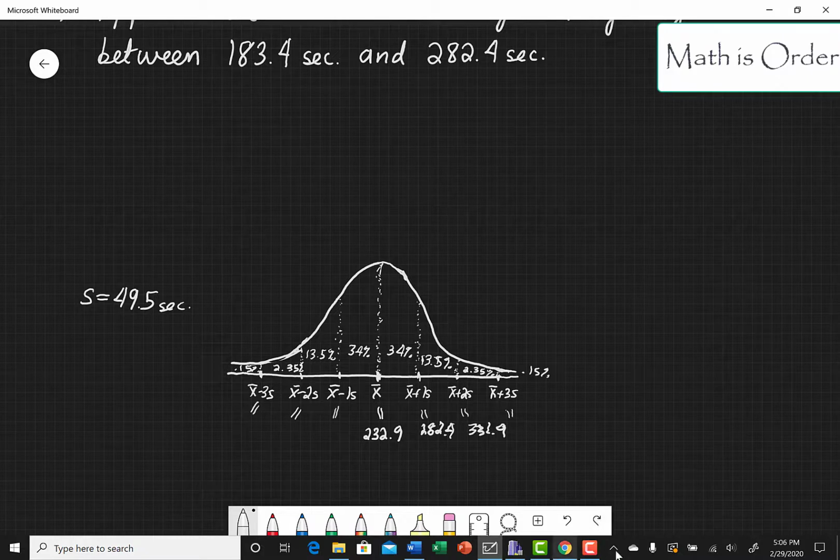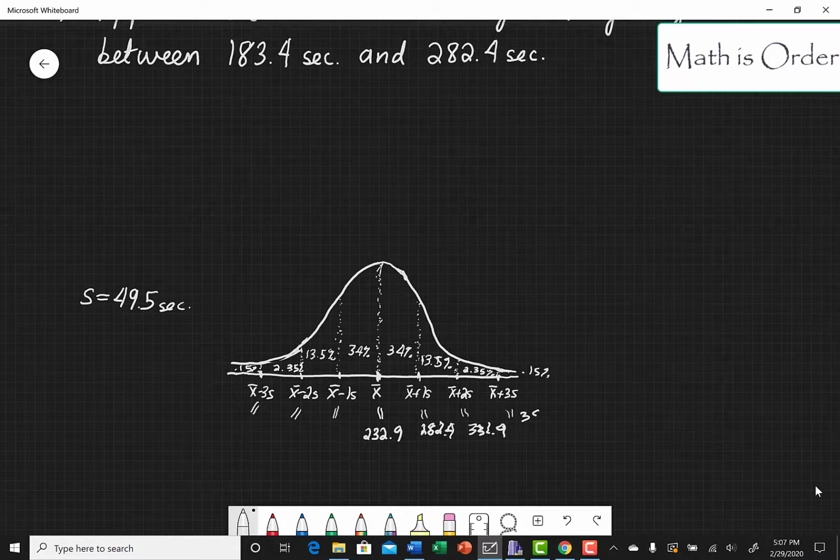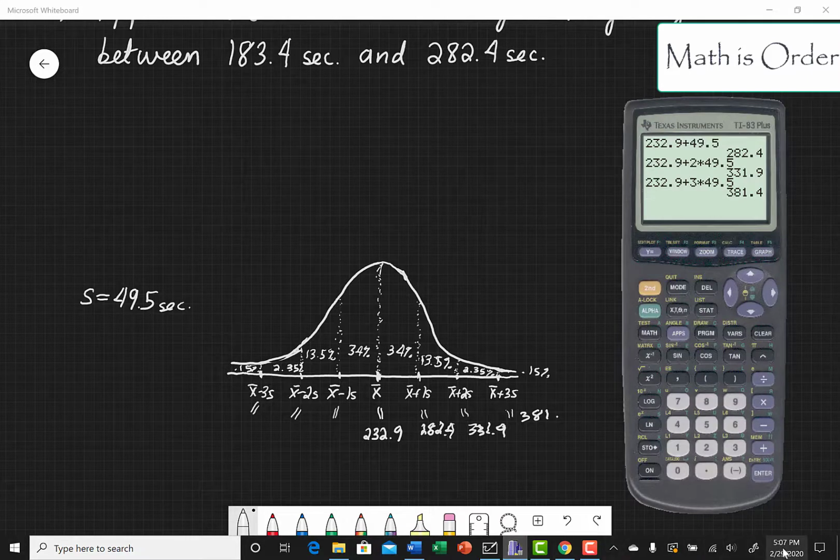And one more, 232.9 plus 3 times 49.5. This is giving us 381.4.